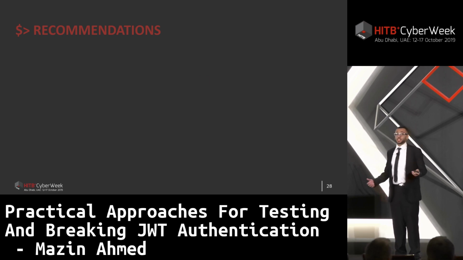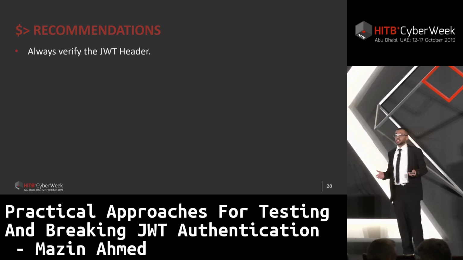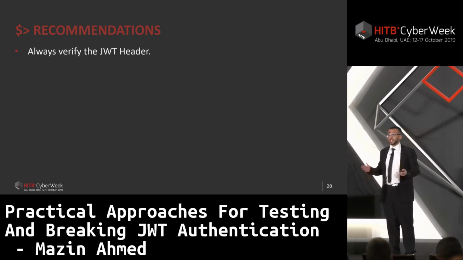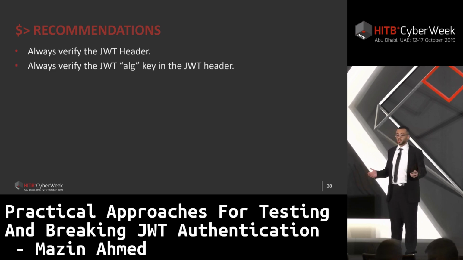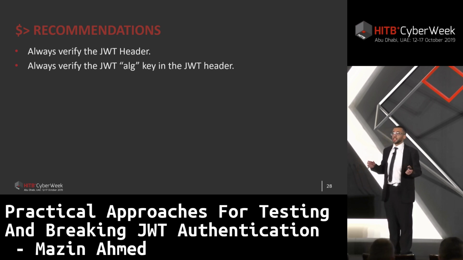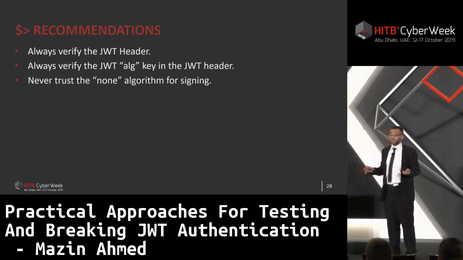So the recommendations. First, always verify the JWT header, whether it's valid or has been tampered with. Second, always verify the algorithm, whether it's the same one being used in your company, or someone has modified it to tamper with it or fuzz it. Never trust the none algorithm.